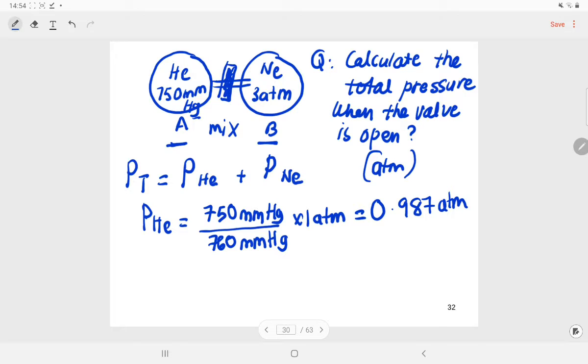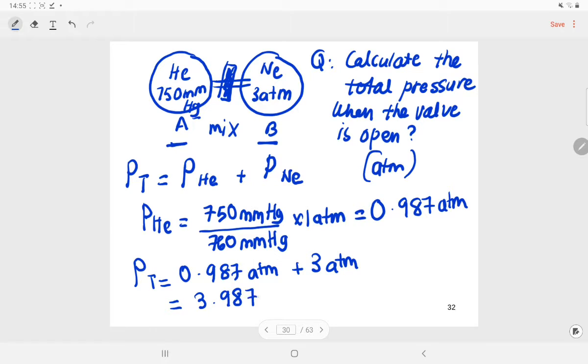Now we can calculate the total pressure, P total. The partial pressure of helium is 0.987 atm plus the partial pressure of neon, which is 3 atm. So the total pressure is 3.987 atm. You can also fix the unit for pressure to be in millimeter mercury. If so, that means you need to convert this 3 atm into millimeter mercury.